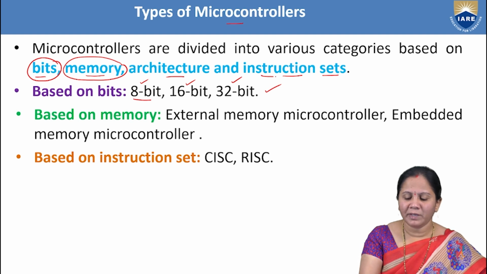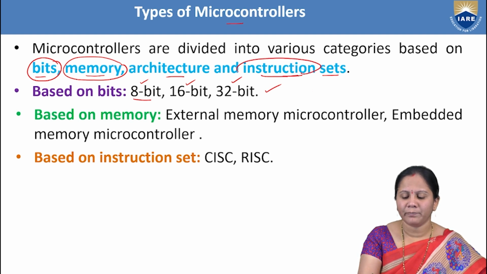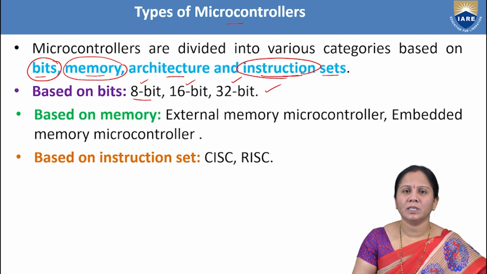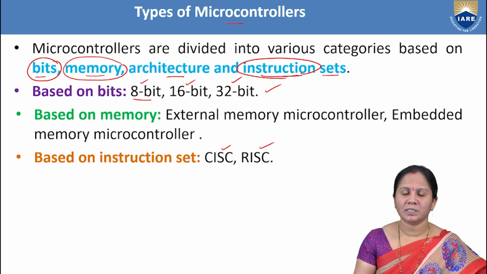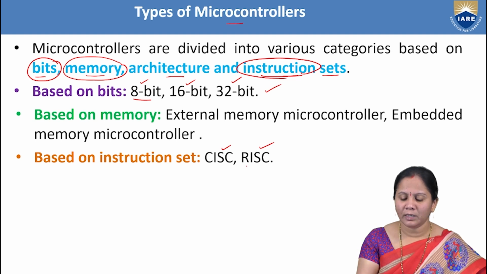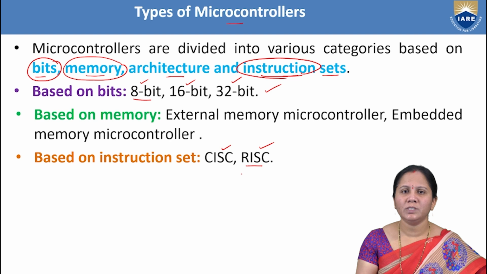Next, based on the instruction set. Based on this category, the microcontrollers are classified as CISC and RISC. CISC stands for Complex Instruction Set Computer and RISC stands for Reduced Instruction Set Computer.